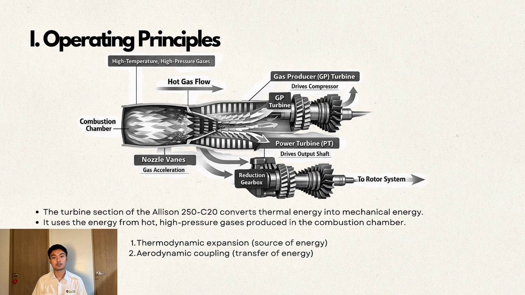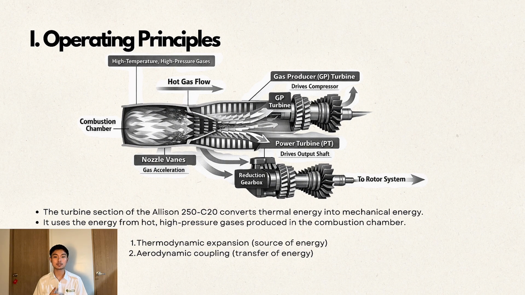Now, for a short comparison, the Allison 250-C20 uses a free turbine design where the gas producer turbine and power turbine are separate, compared to other gas turbine engines such as single shaft engines. All components are mechanically connected on a single shaft.